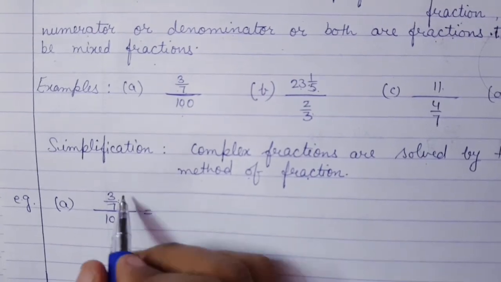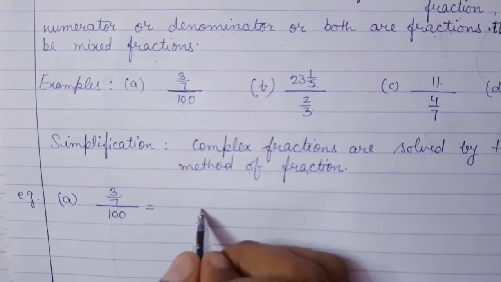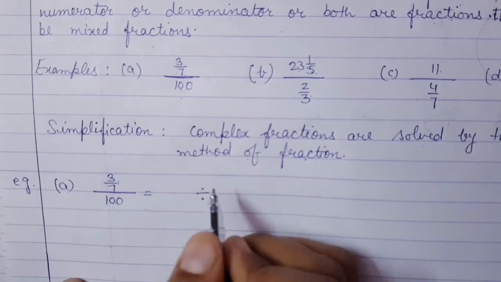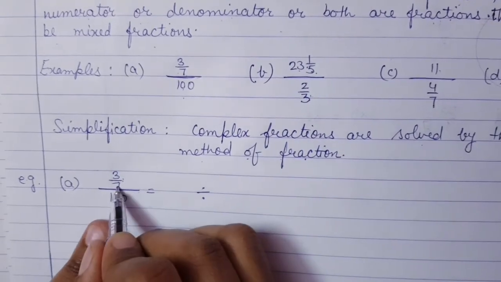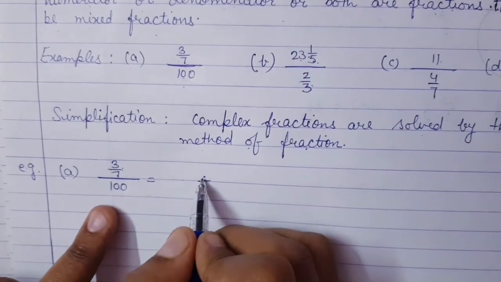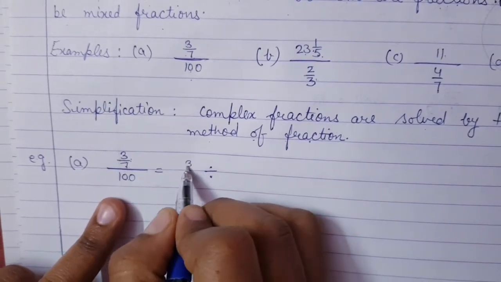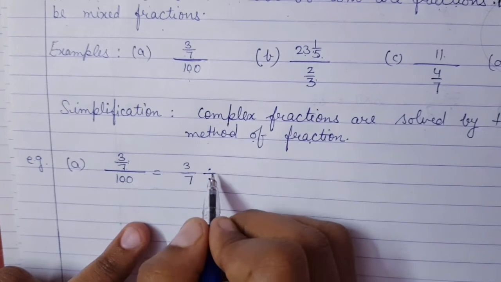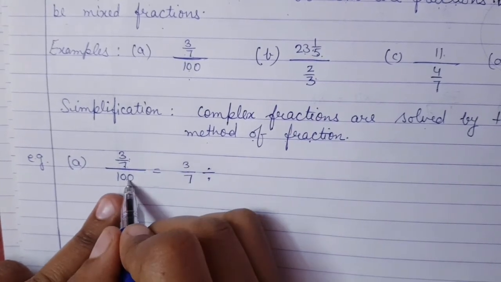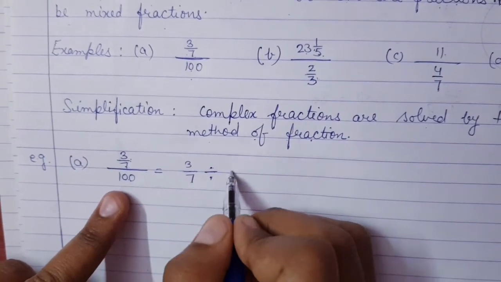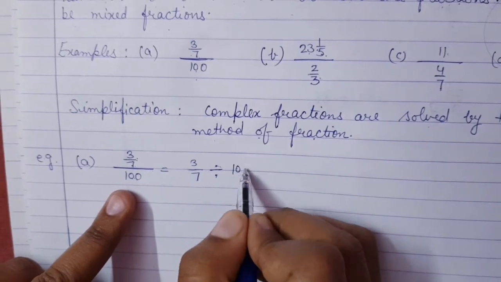So if I want to write it in the division method, the dividend will be written on the left side of the division sign. Here dividend is 3 upon 7, so it will be written on the left side of the division sign. Divisor is 100, so it will be written on the right side of this division sign.